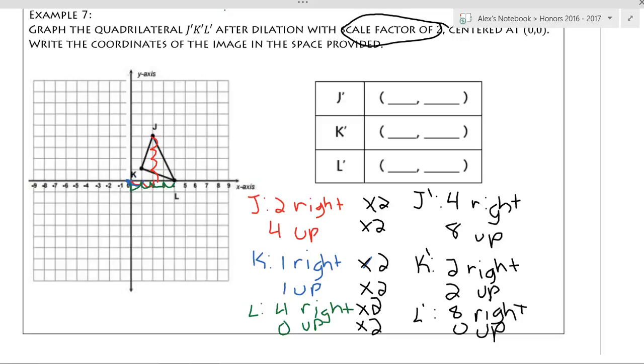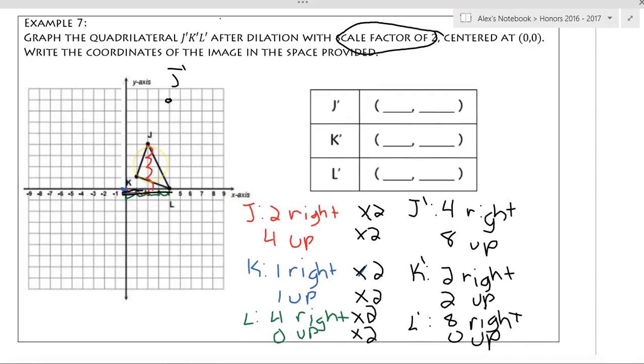Okay. So J prime is just over 4, up 8 from that center point. So that's J prime. K prime is just 2 right, 2 up from that center point, which is 0, 0.